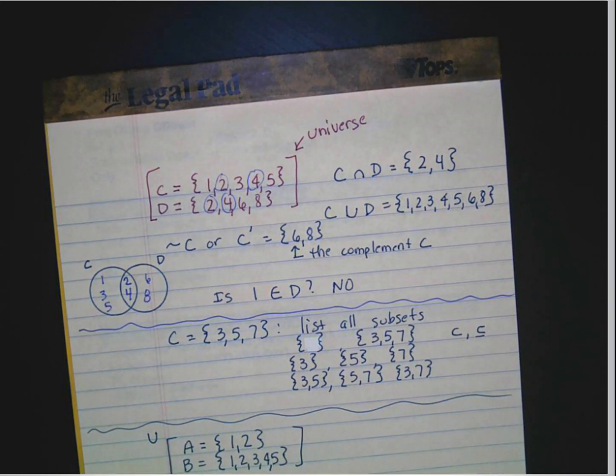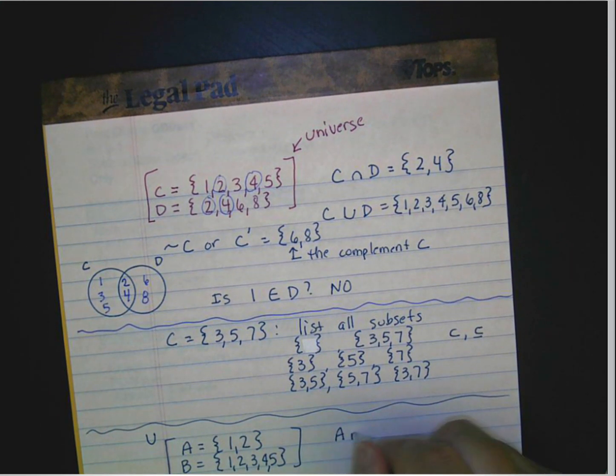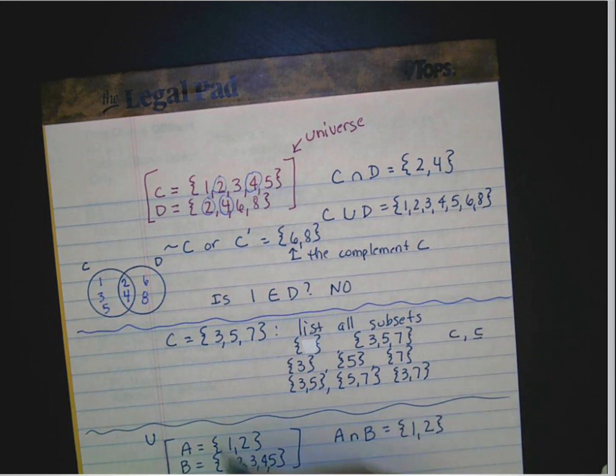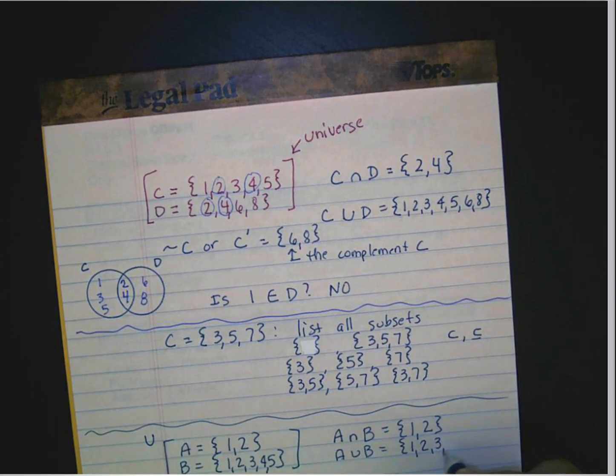Let's just practice one more time. A intersect B. What do they both have in common? 1 and 2. So it's actually all of set A. Okay, A union B. Some of you already noticed what's going on here. That would actually be all of B because 1 and 2 are in there. A is a subset of B. So they're all in there.